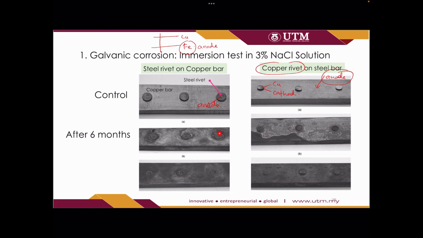It does not dissolve and does not corrode. After 10 months, you will see that severe defects happen on the rivet. Remember, the rivet joins the two structures. Now it is destroyed, with severe corrosion on the rivet. But on this side, you will see that the rivet is still there. Corrosion happens on the steel bar instead of the small cathode.